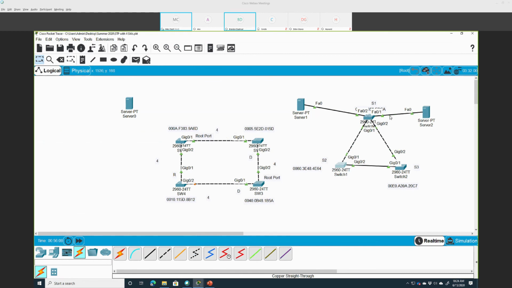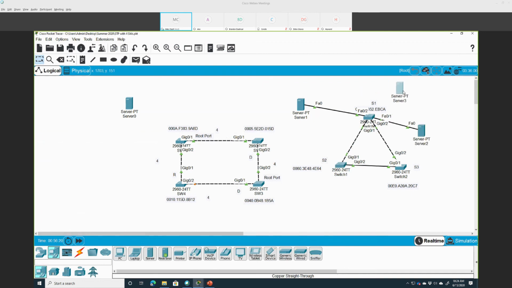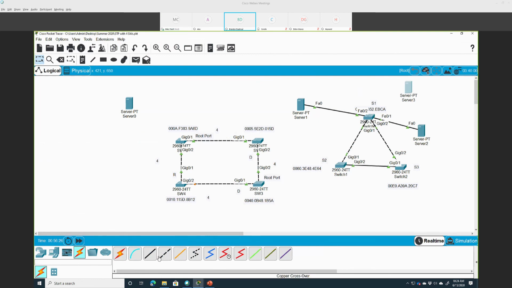Port fast. Okay. Let me do another one, just in case you guys forget the first one. So, Mr. Charif, we should basically put port fast on something that's not going to change ports, correct? We put port fast on the ports that are connected to servers or any devices like phones to expect fast service.